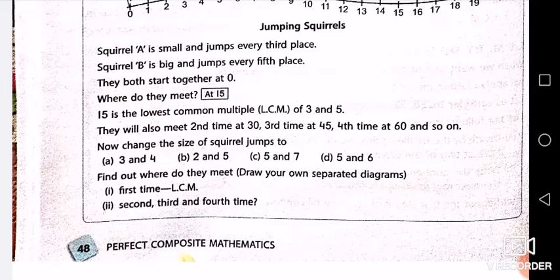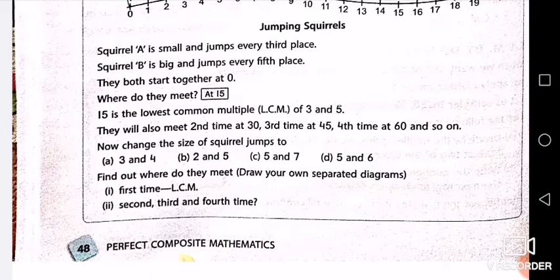As you change the size of the squirrel's jumps, you will get a different least common multiple in every case, and for every case you can draw your own separate diagrams. Now this is your homework. You have to tell me, in your daily life, where do you find an example of LCM?